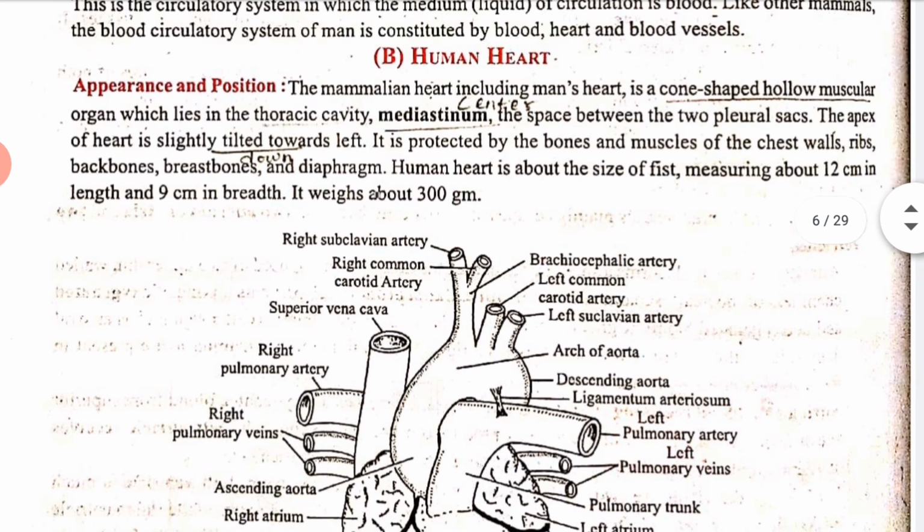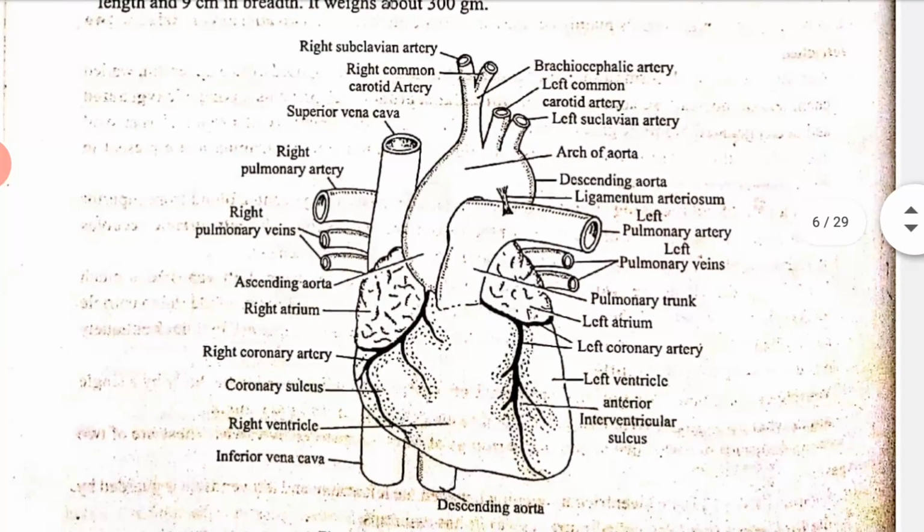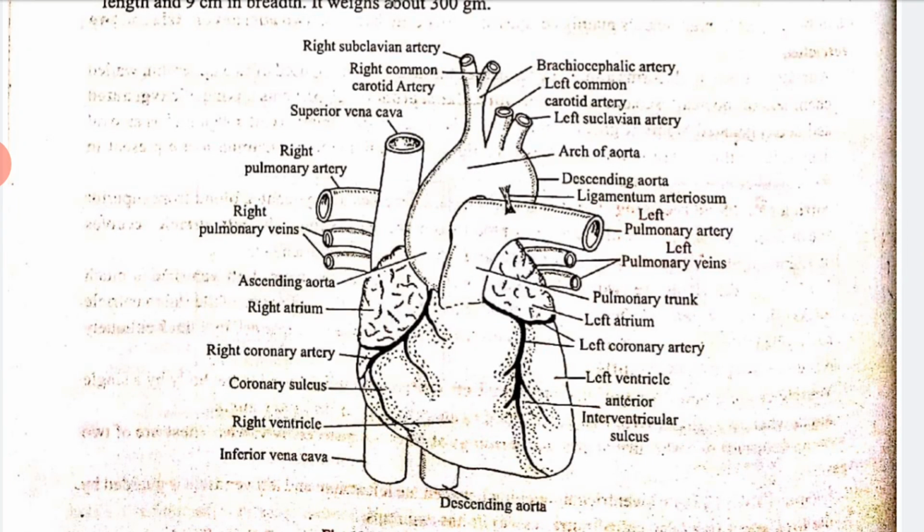So the human heart, that is, its appearance and position. Okay, so the mammalian heart, including man's heart, is a cone shaped hollow muscular organ. You can see how beautiful it is. Yes, it is a cone shaped hollow muscular organ which lies in the thoracic cavity and mediastinum, that is known as the center, the space between the two pleural sacs, and the apex of the heart is slightly tilted down left.